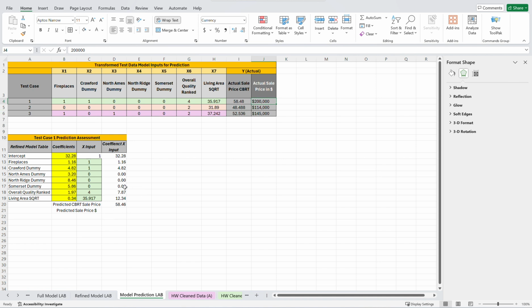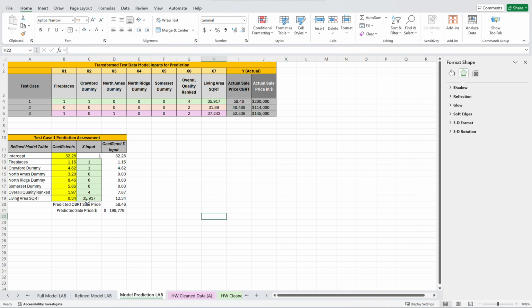So in order to convert it from the cube root back to dollars, we need to cube it. We need to raise it to the power of 3 instead of 1/3. So we take this cube rooted value of sale price and raise it to the power of 3. Then we can format this as dollars, reduce the decimal places, and we should see our predicted value there.